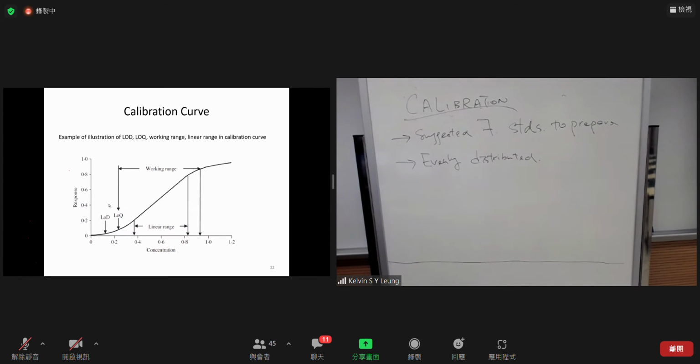So this working range here is the range, from the upper to the lower limit, over which the analytical procedure has already demonstrated a suitable level of precision, accuracy, and also the working range.